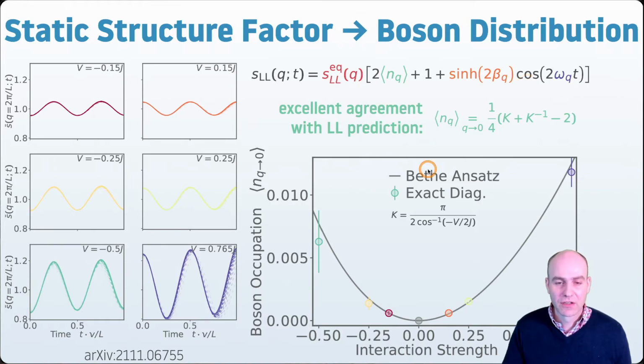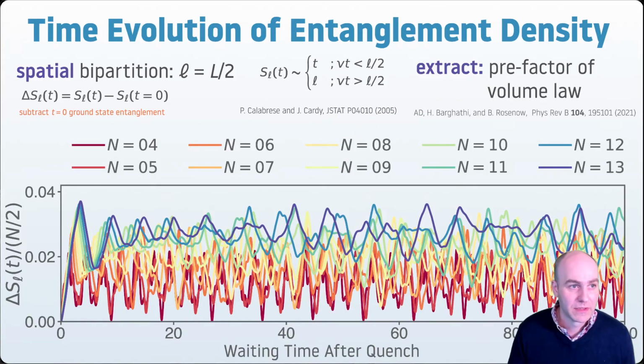And in particular, doing finite size scaling in the limit Q goes to 0 and L goes to infinity for different interactions, that's each of these colors right here, we can extract the boson occupation, which we'll use to compute entropies, and we can compare it to the Bethe ansatz and see that it basically has perfect agreement. So this approach works extremely well to get these boson occupations from a numerical experiment or a real experiment.